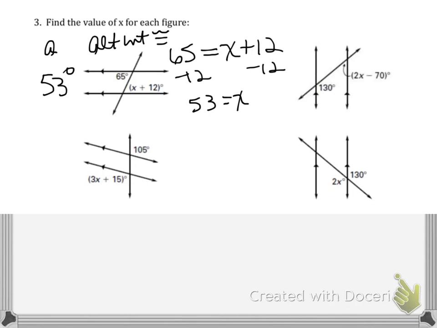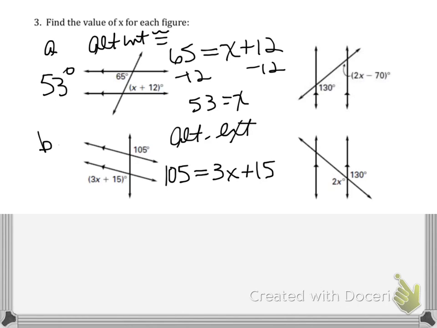Okay, let's call the one right behind it, or right at the bottom of it, question B. How are these two angles related? Well, I see my parallel lines. I see they're on opposite sides of the transversal, and they're on the outside, so they are alternate exterior. So set them equal, because alternate exterior angles are indeed congruent.